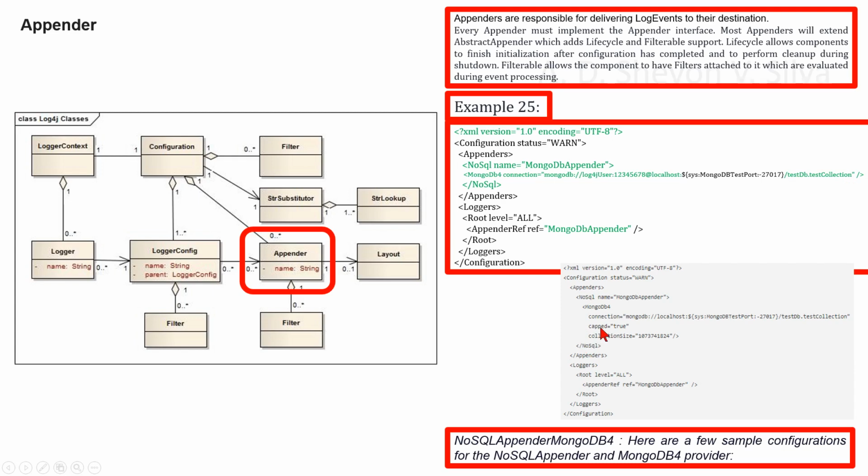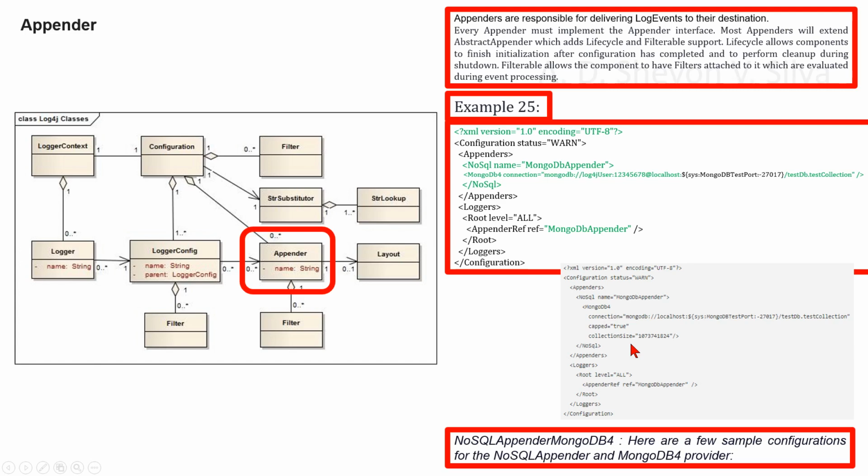Here the capped type, boolean, enables support for capped collections. Here the collection size, int, specifies the size in bytes of the capped collection to use if enabled. The minimum size is 4096 bytes, and a larger size will be increased to the nearest integer multiple of 256.